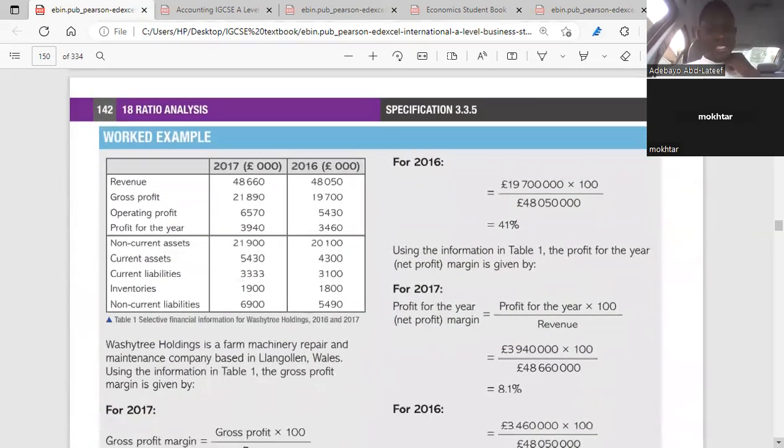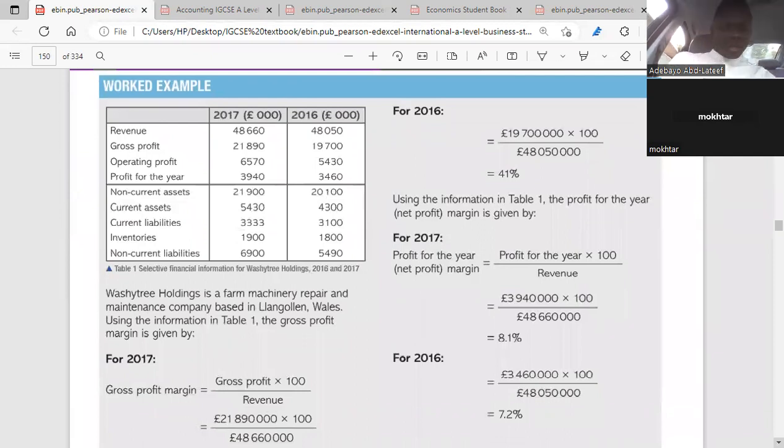Then we have this analysis in the worked example. For 2017, we have the revenue for a company of 48,660. We have the gross profit, the operating profit, and the profit for the year.